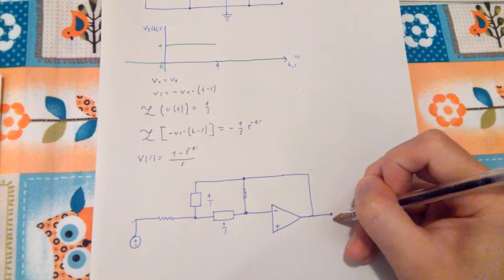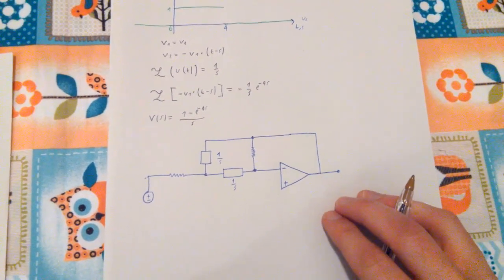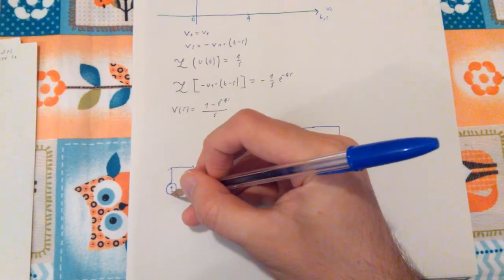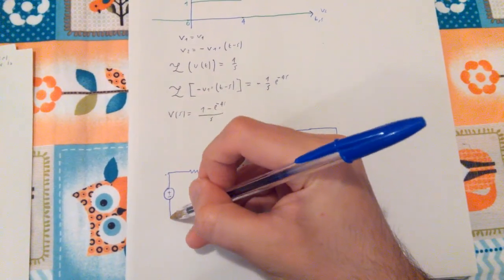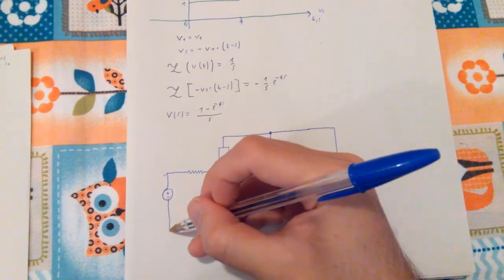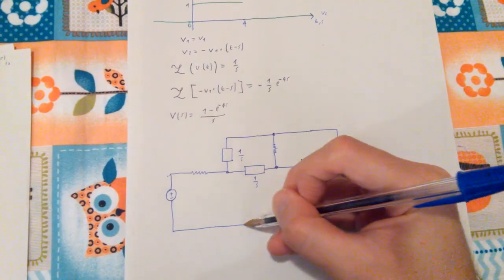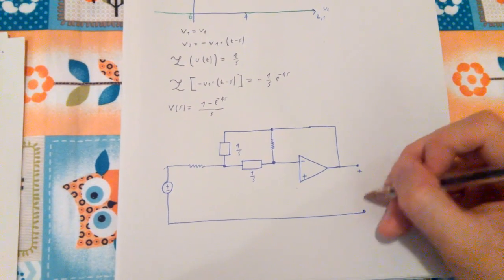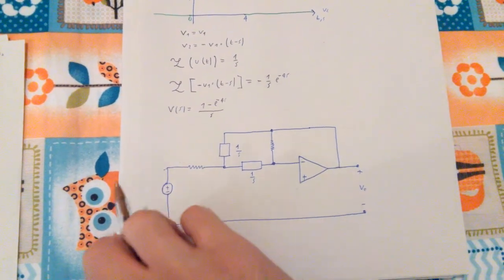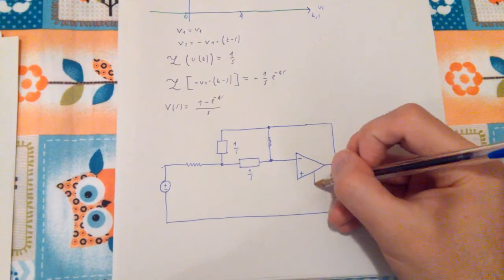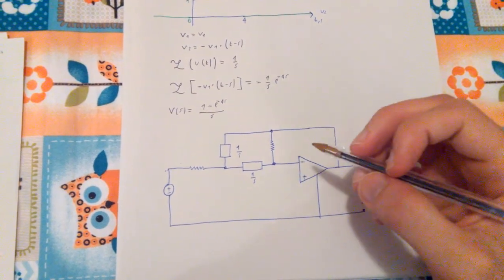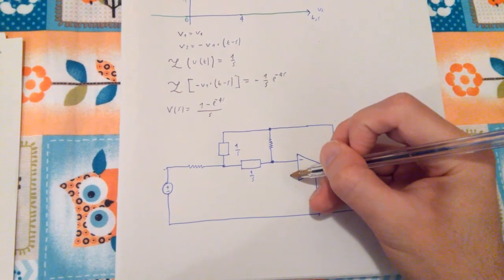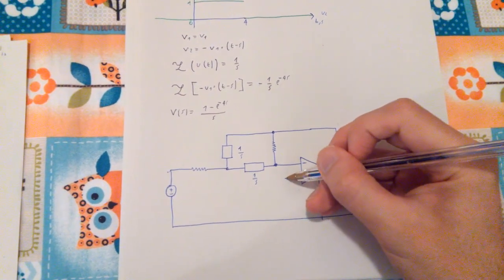This will be my end, in which I'm going to consider the V0 just like before, and here I will have the other side, so this plus minus V0 just like before. This is the other side of the amplifier, and this is connected to ground.